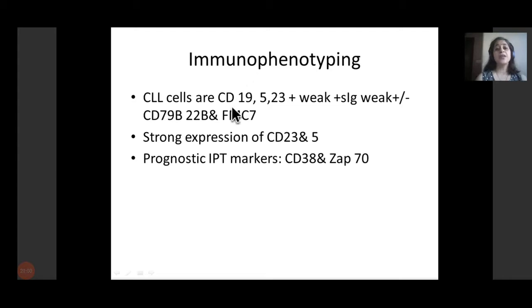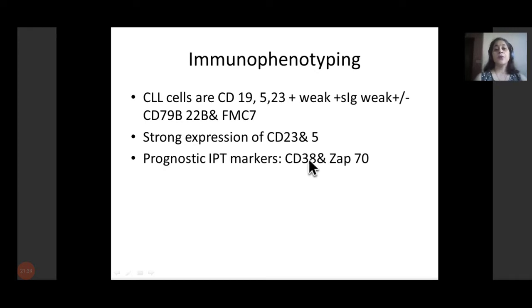As expected, the very classical and important triad of immunophenotypic expression is CD19, CD5 and CD23 with moderate to strong positivity, especially the co-expression of CD5 and CD23, with weak surface immunoglobulins, weak positivity to maybe negativity of these markers, and FMC7, which has to be negative in classical CLL.